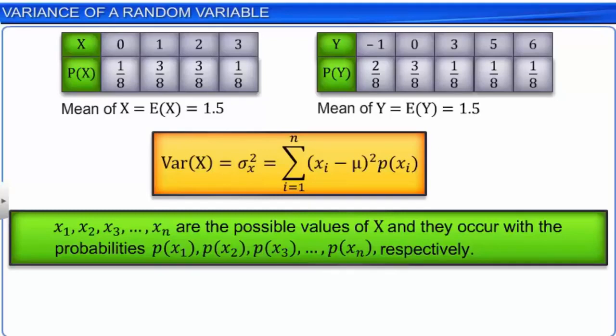Mu is the expectation of x or mean of x. The formula can also be written as sigma x squared is equal to E of x minus mu whole squared.